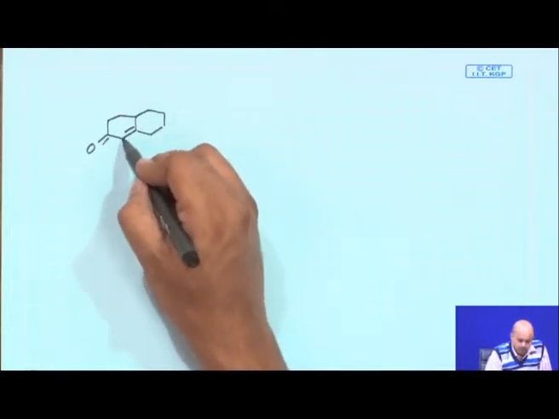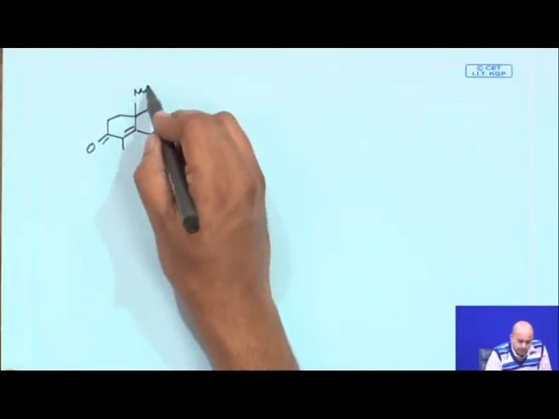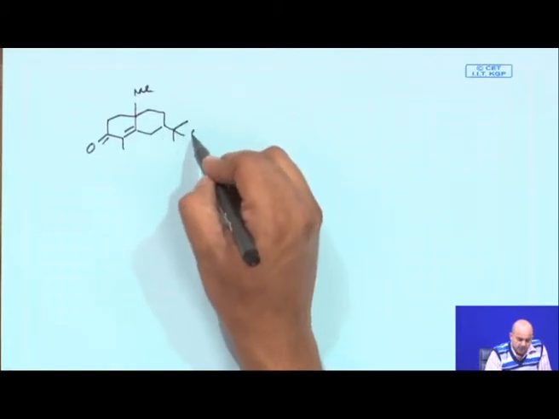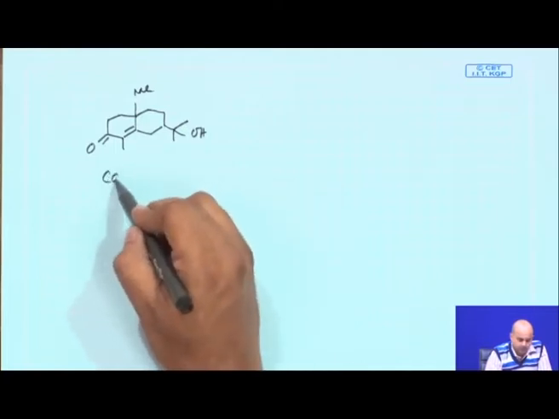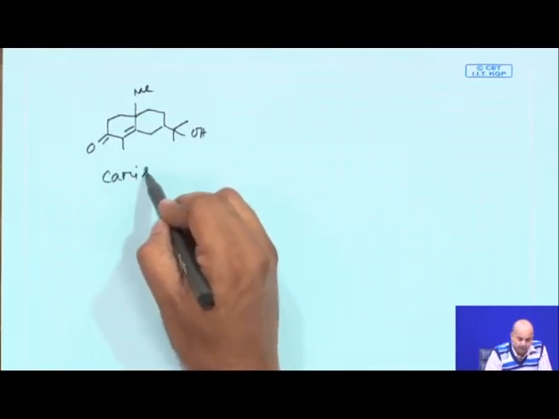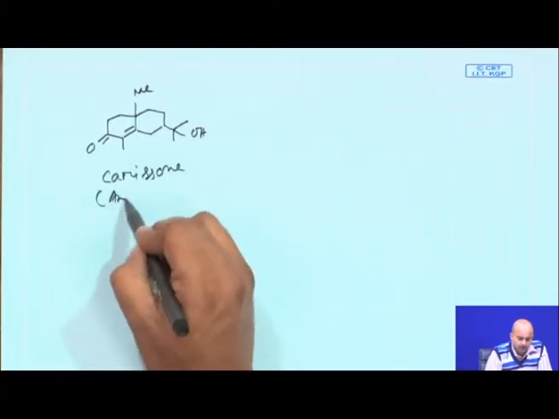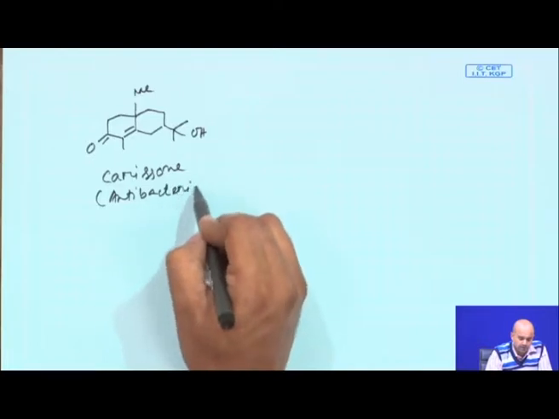This particular problem is based on a similar kind of approach. This compound is a natural product, its name is carisone. It has antibacterial property.